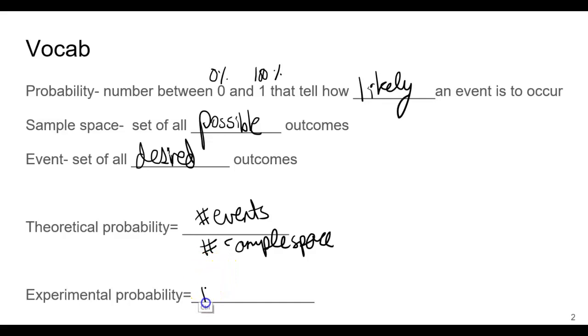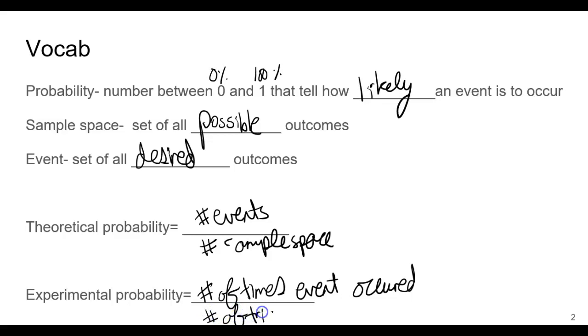Experimental probability is the number of times the event occurred over the number of trials. This will make more sense as we work through these, but go ahead and copy these down before you move on to the next slide.